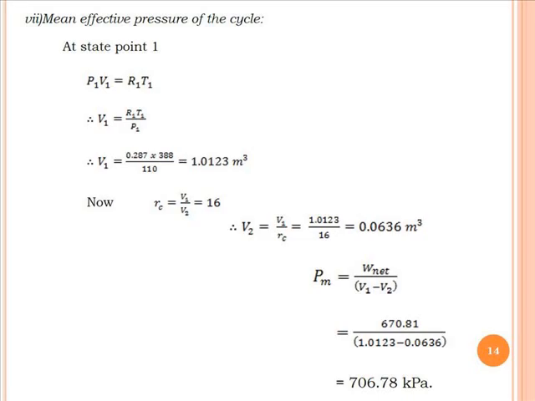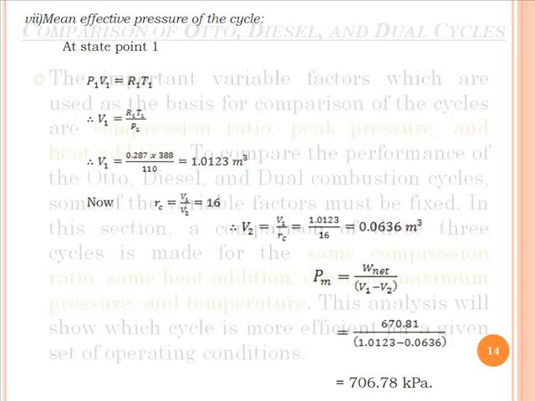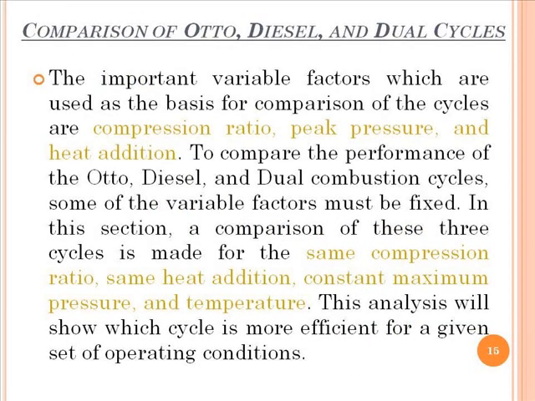So now our next task we will discuss. Friends, now we have to discuss a very important point, that is comparison of Otto cycle, diesel cycle and dual cycle. There are important factors based on which we can compare all these air standard cycles, that include compression ratio, peak pressure and heat addition.